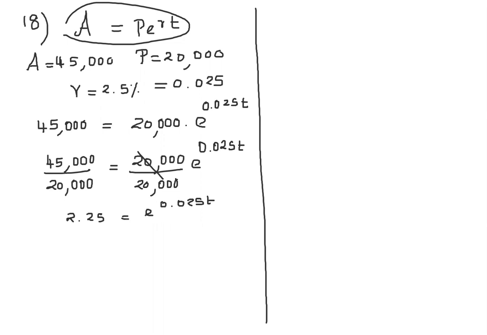Okay. So in the beginning, we learned how to solve exponential equations. Because the base is e here, we have to take ln both sides. You can take either ln or log. However, since the base here is e, I'm taking ln both sides.